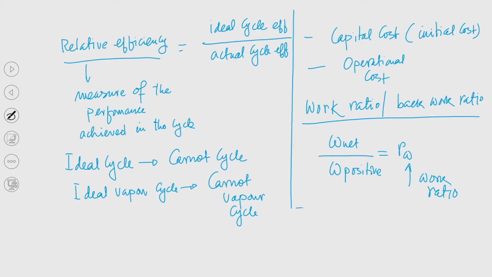So, basically you can understand this RW can be written as: net work is W positive minus W negative, divided by W positive. If we go to the next slide, this work ratio RW can be written as 1 minus W negative by W positive.